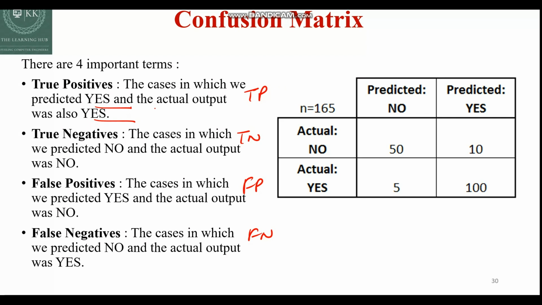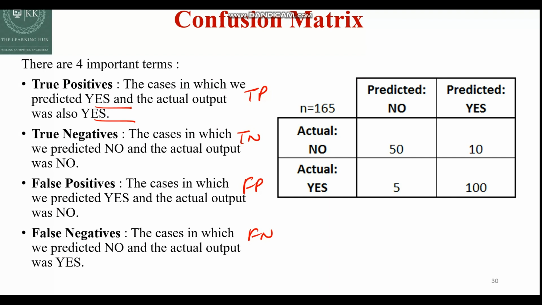Suppose there is a patient who has been tested for a particular disease, let us say diabetes, and the report shows yes, which is actually correct. So that is a true positive. And then we have true negatives. True negatives are the cases in which the disease has been predicted as no and it is actually no. The report is negative and it has been predicted as negative itself.